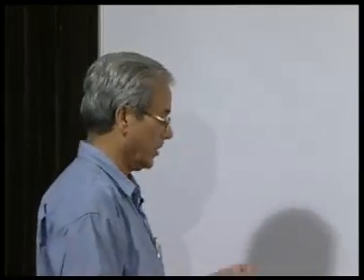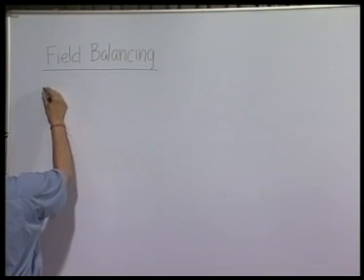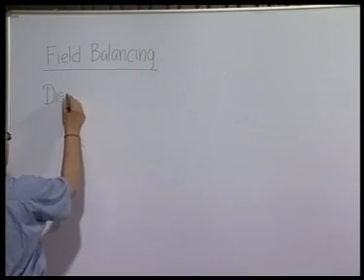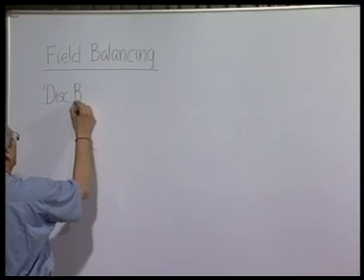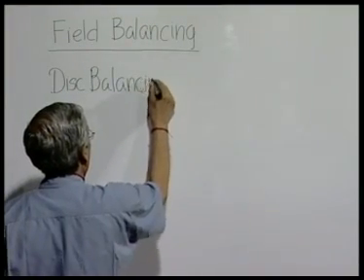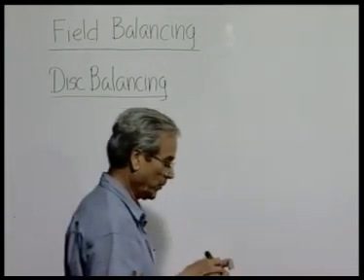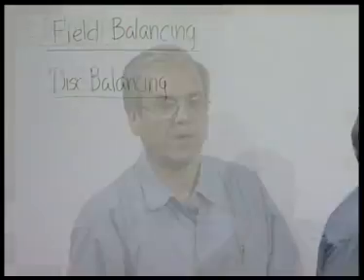So, let us take the case of disc balancing. We will take up two cases. One is slightly advanced and sophisticated, which requires some instrumentation, and the other requires minimum instrumentation and can be done by almost anybody.